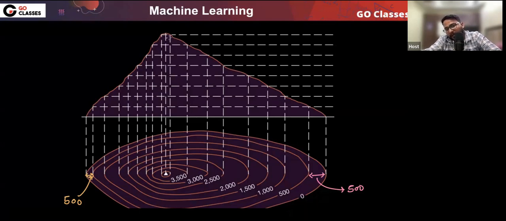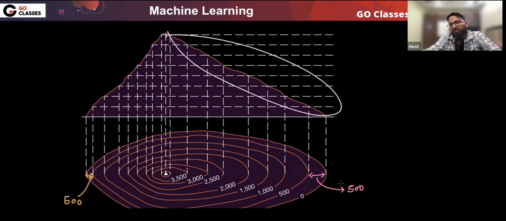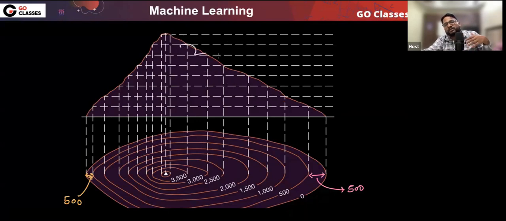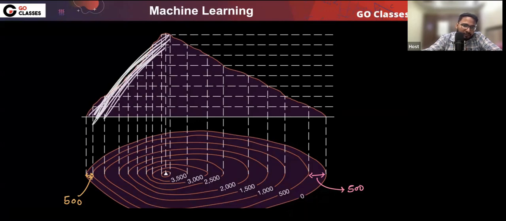See, here in this part of the function, the slope is very low, in the sense that it is slowly decreasing. But here it is very steep. Just think like a mountain, right? It is a very steep slope, which means if you want to climb up, it is hard here. Is it hard here to climb up? No, right? Comparatively, it is easy.